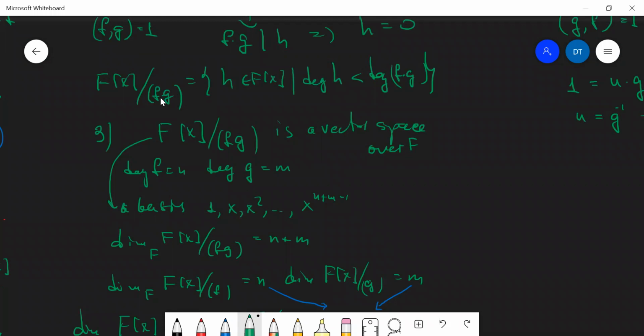So if f is a non-zero constant, then this ring will consist of the 0 element only. So it has dimension 0. So it's perfectly fine, and it works perfectly fine.